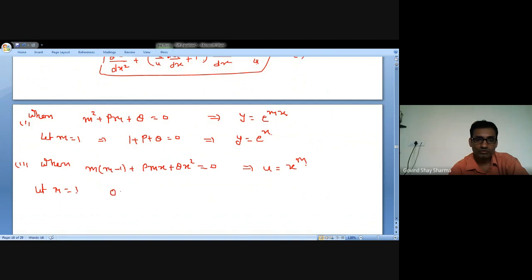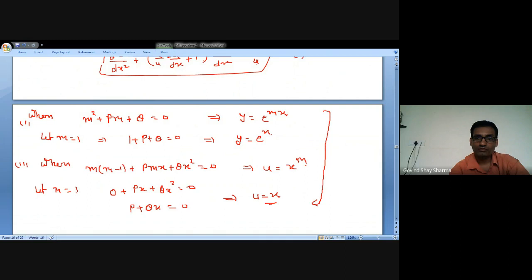So this is 0, px plus qx^2 is equal to 0, and we can say p plus qx is equal to 0, then y equals x is a solution. Similarly, when we put m is equal to 2, then the solution is y equals x square. So these are the two results we have to remember.